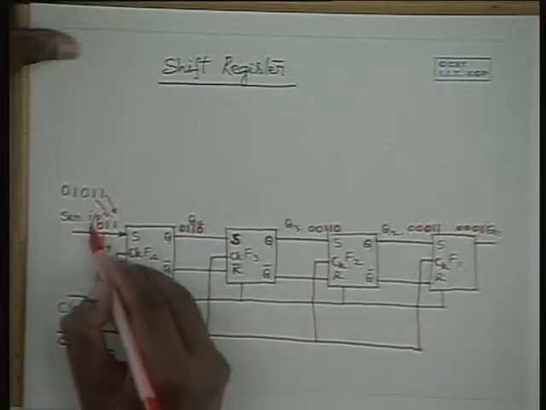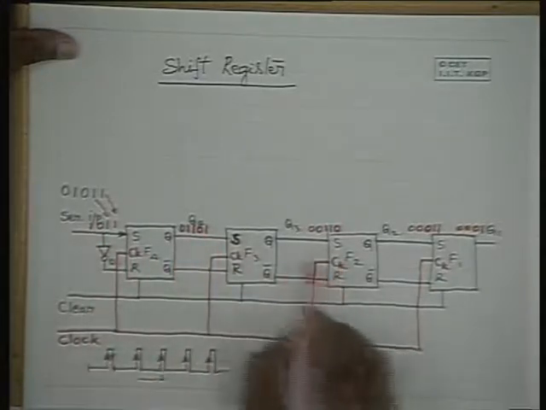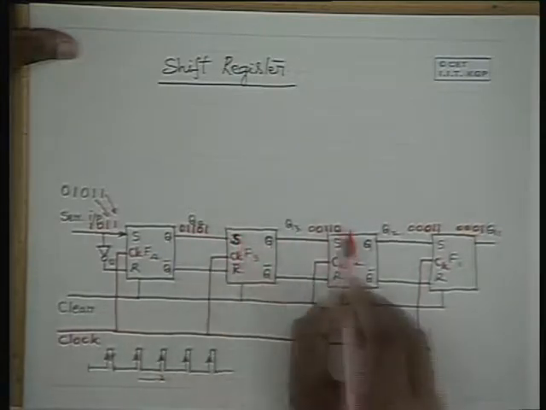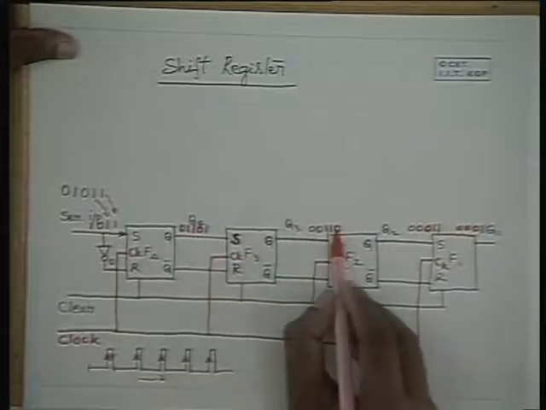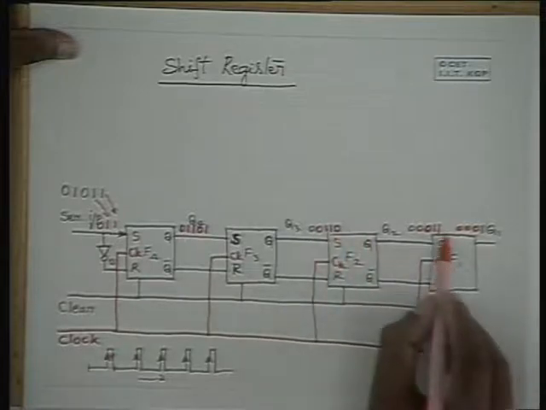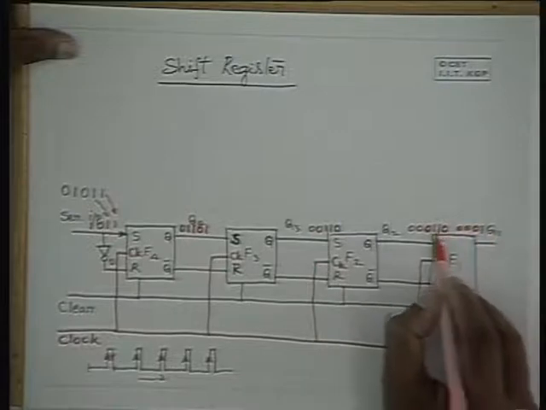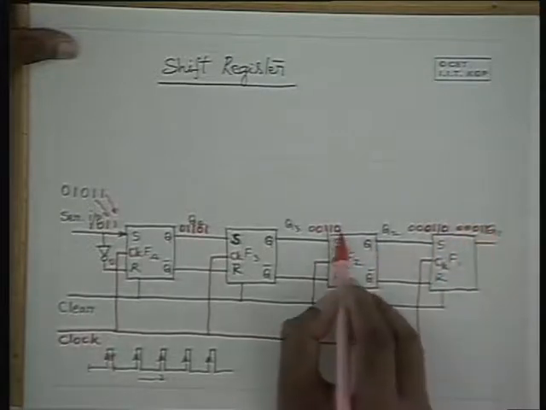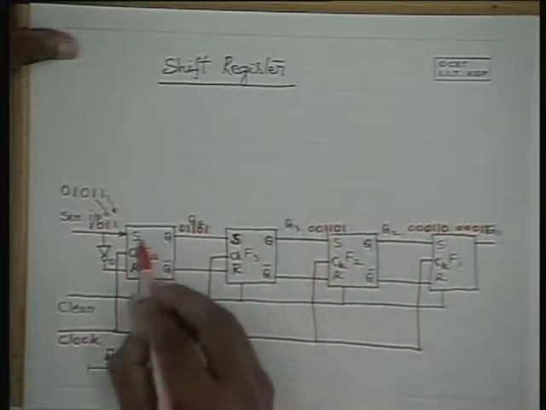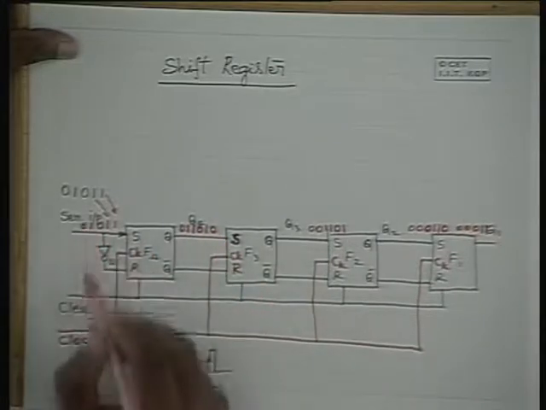Now after 0, 1 comes here, and then this 1 goes here, and after another clock pulse this 0 now goes to this, and this 1 has already gone through this, and during the next clock pulse this 0 goes to this, and the second one goes to this, and this one goes to this place, and this 0 goes here when this is 0.